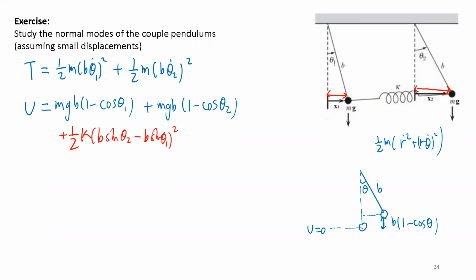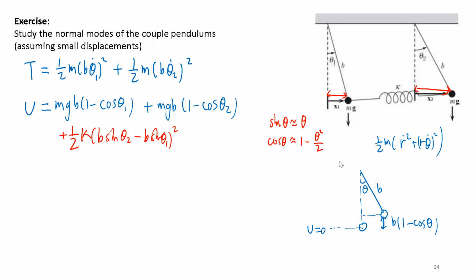Okay, so what's next? Time to make some approximation. Now the angle is small, so I'm going to apply the following assumption: sine theta is approximately equal to theta, and cosine theta is approximately equal to 1 minus theta squared divided by 2.